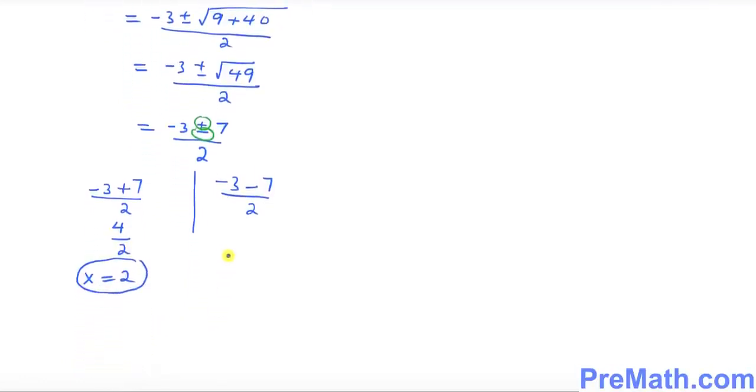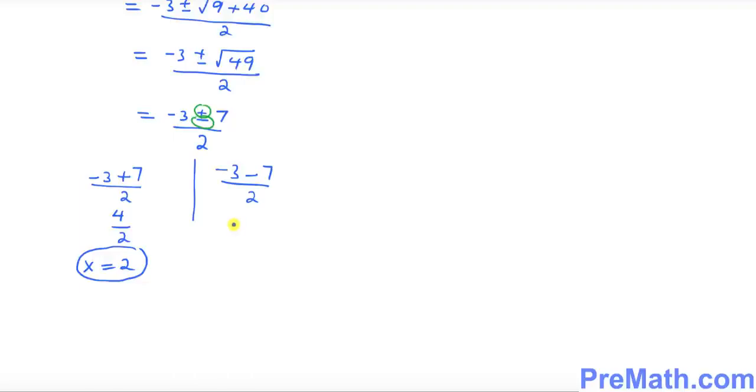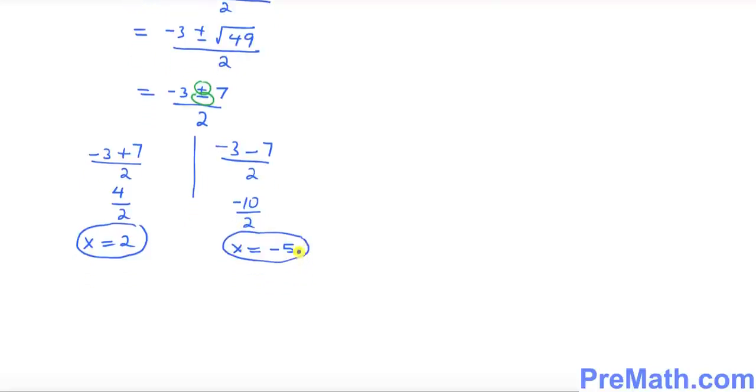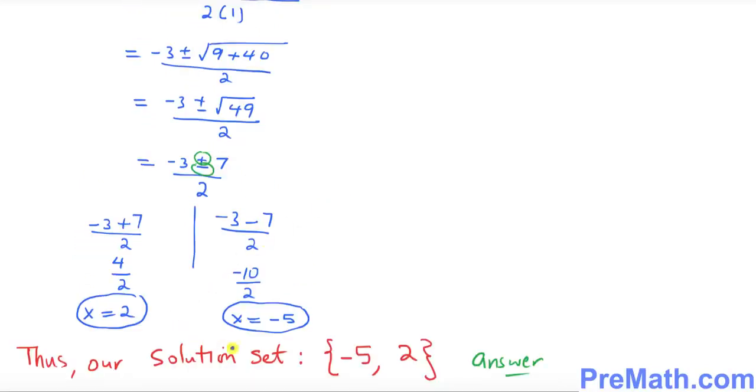Let's go ahead and do this side. That's going to become negative 10 divided by 2, so x is going to be equal to negative 5. So these are our two solutions. Thus our solution set turns out to be negative 5 and 2.